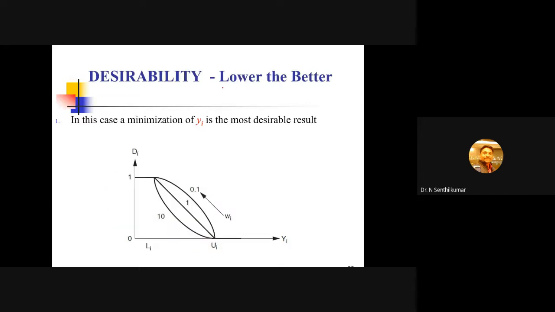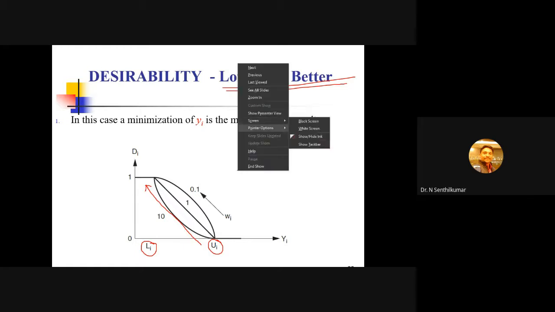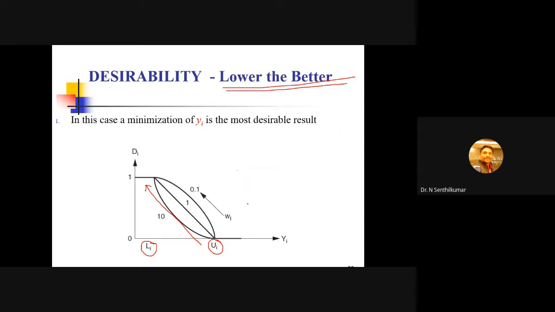Whereas in the lower the better, that is in the minimization problem, it will move from the upper control limit, or upper limit, to the lower limit. You can see this. Then why is it going to move like this? Why can't it move like this? Because I want the desirability closer to 1.